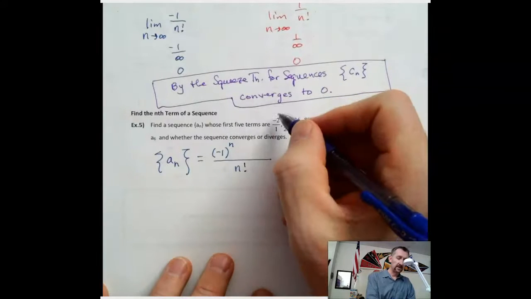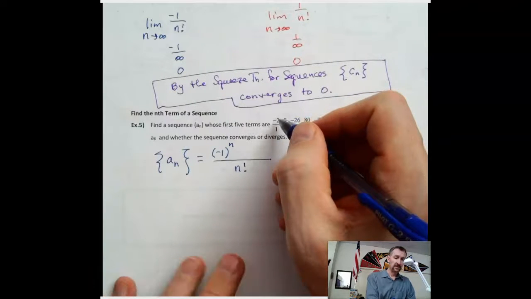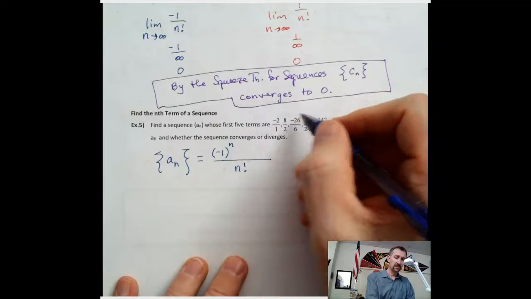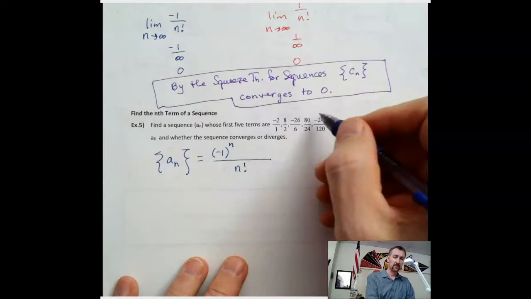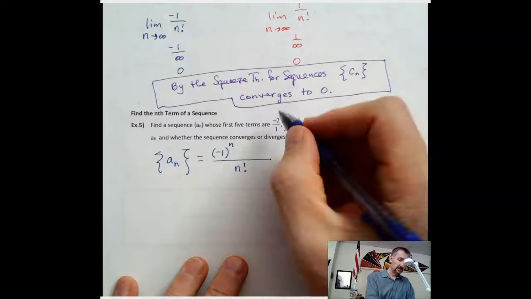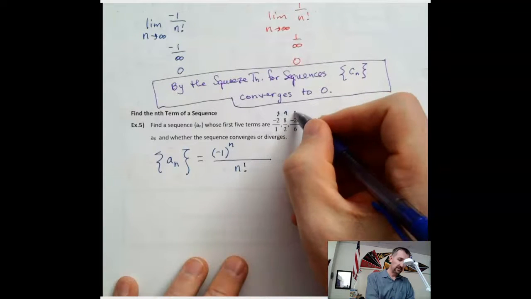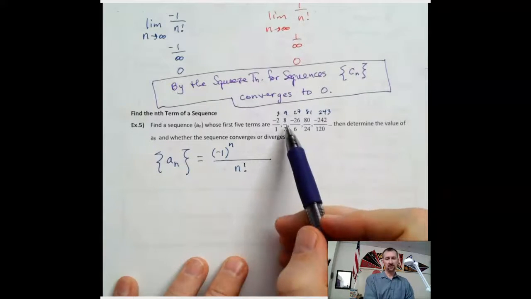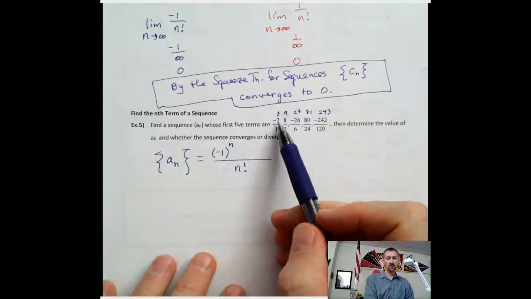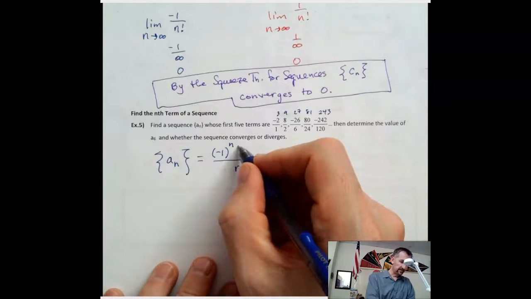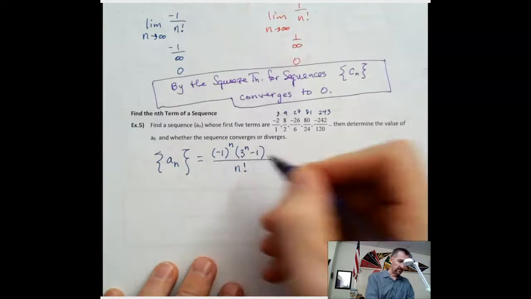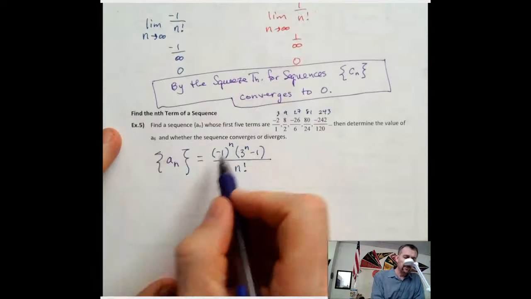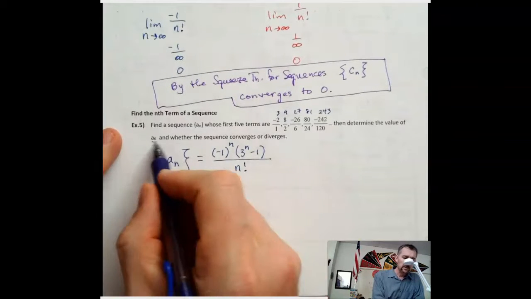So hopefully if you're thinking about that here, this is almost 3 squared minus 1. This is 3 to the first minus 1. This is 3 cubed minus 1. This is 3 to the fourth minus 1. So you can compare that to 3, 9, 27, 81, 243. So that is 3 to the n minus 1. So that's the first part of it. It says find, so that's the sequence.